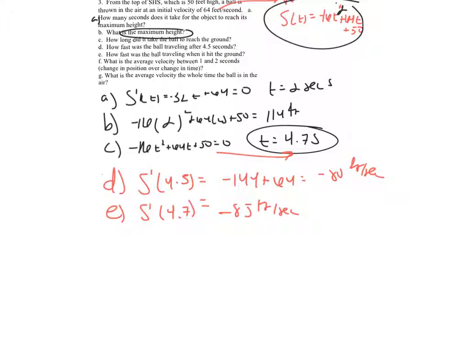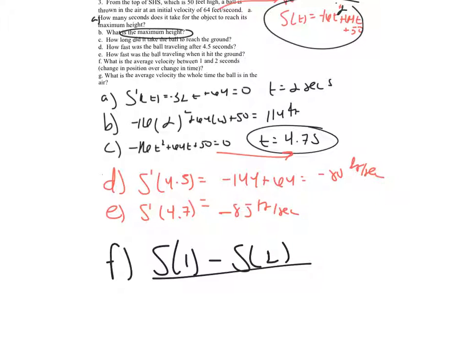But average velocity is actually going to be, in this case, s of 1 minus s of 2 over the time change, meaning 1 minus 2. So you're plugging in the 1 and 2 for the original function, subtracting them, and then dividing by your negative 1. Or you could flip it around and that works too.